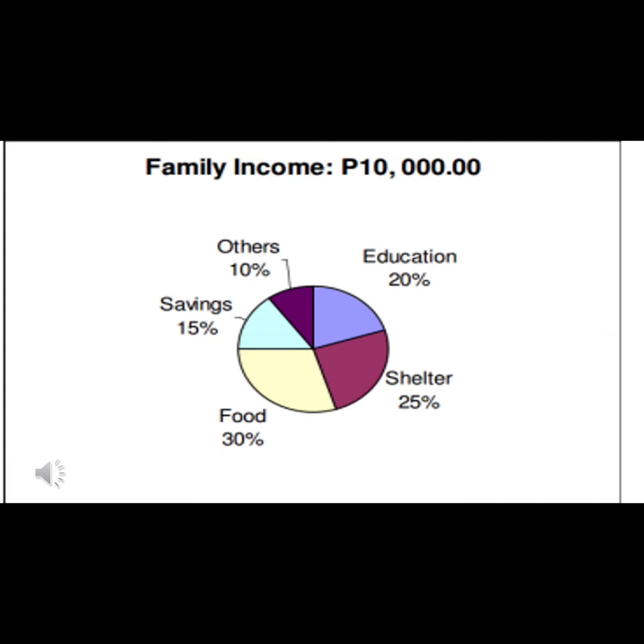So this is how the income of the family is distributed and presented in a pie graph. Let us now try to interpret this data, and we will be able to do that by answering the questions in this activity.